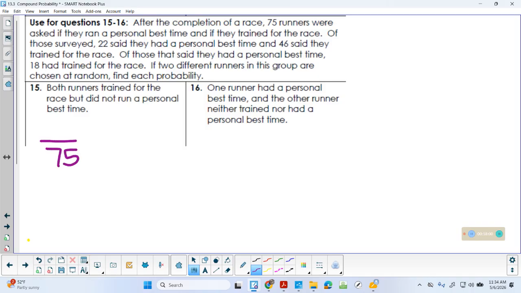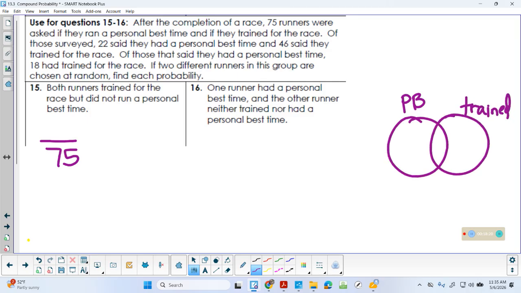Now, if you're like, oh gosh, how am I supposed to figure out how many trained that didn't run a personal best? Like I said, we could, I'm just going to do it on the side. You have room on the left side, I have room on the right side. So we could think about we had a personal best and we trained. So I'm going to try to interpret these numbers so I can figure out my favorable outcomes.